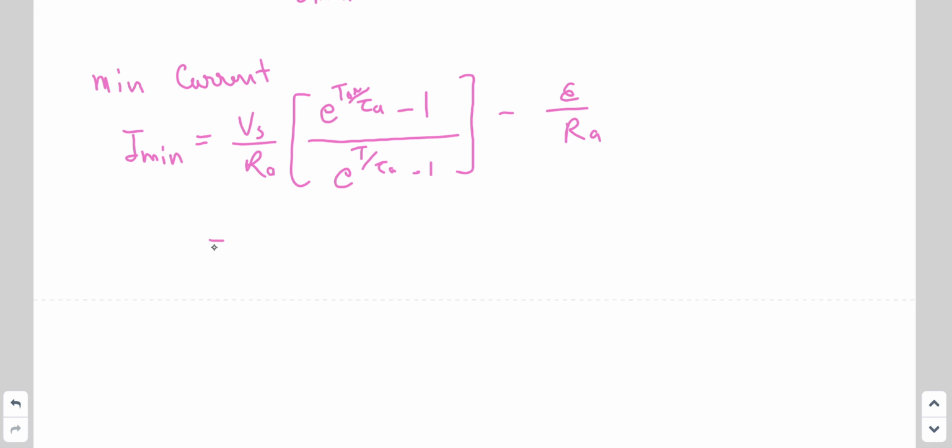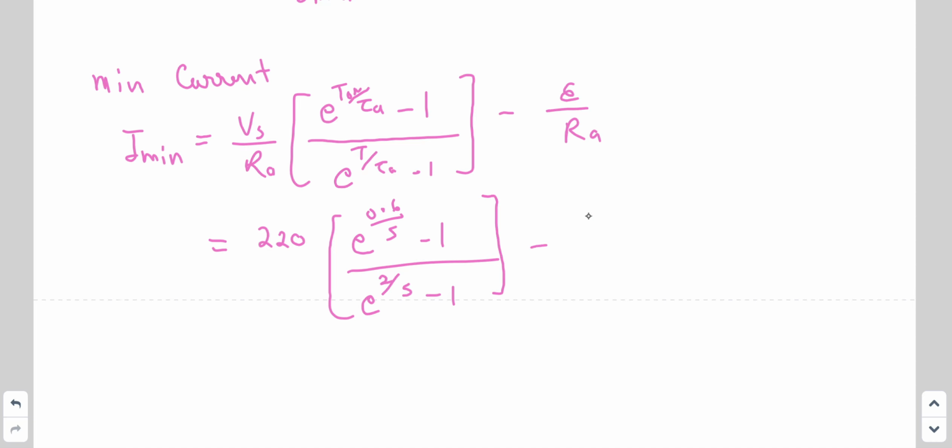So put all the values. Vs is 220 divided by 1, e to the power 0.6 divided by 5 minus 1, divided by e to the power 2 divided by 5 minus 1, minus E is 24 divided by 1. On solving this, our value will be 32.76 ampere.